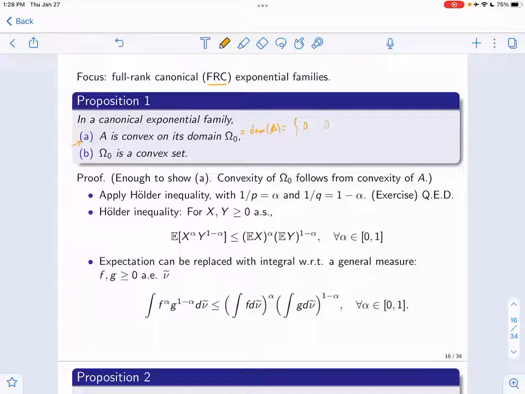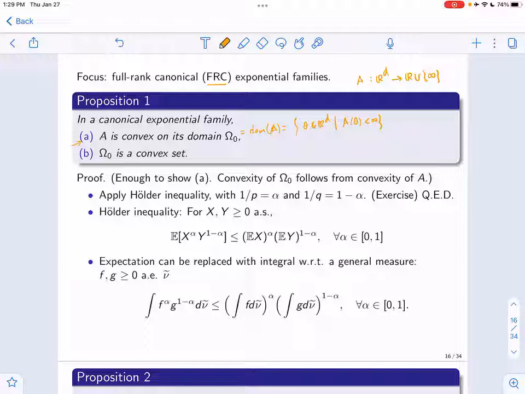It's just the set of all theta for which A(theta) is finite. So this is an example where A is, in general, you can think of it as a function from R^d to the extended real line, R union infinity. For some values of theta, the integral will be infinite. So those are not the interesting cases, but as I mentioned in discussing convex functions, in convex analysis, usually you work with extended real valued functions.